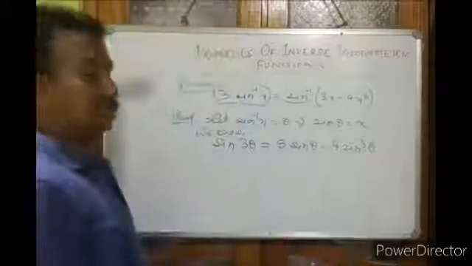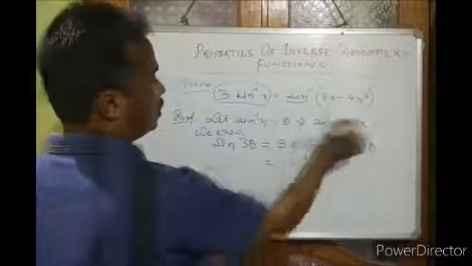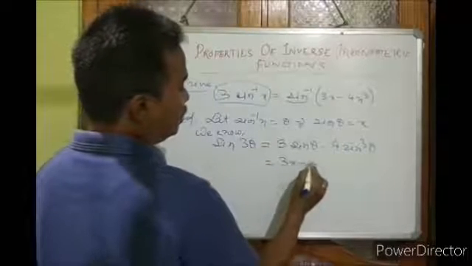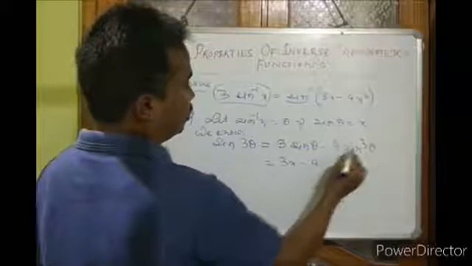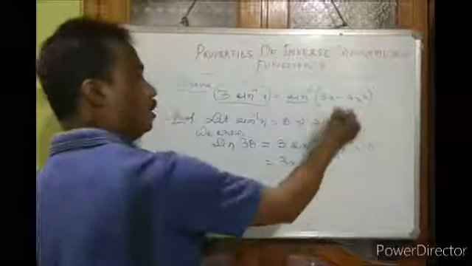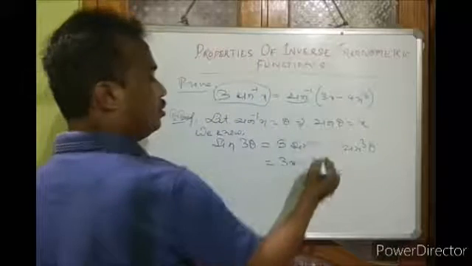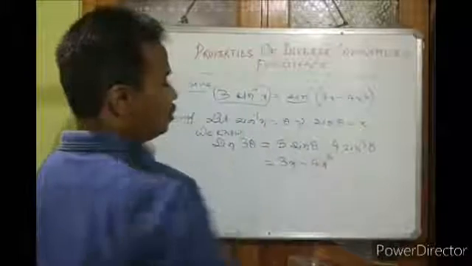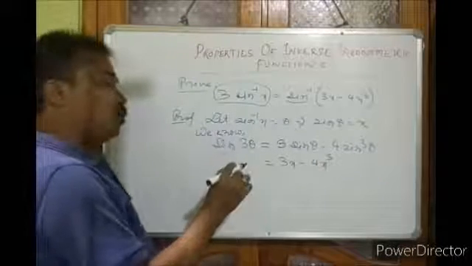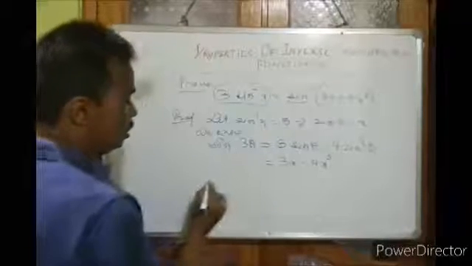So once you write this, it is complete. Now sine theta is equal to x, so in place of sine theta we replace it by x. So sine cube theta is equal to x cube. So we got sine 3 theta is equal to 3x minus 4x cube.